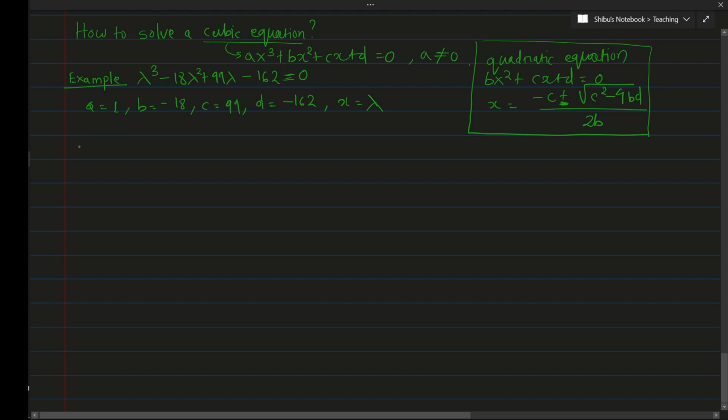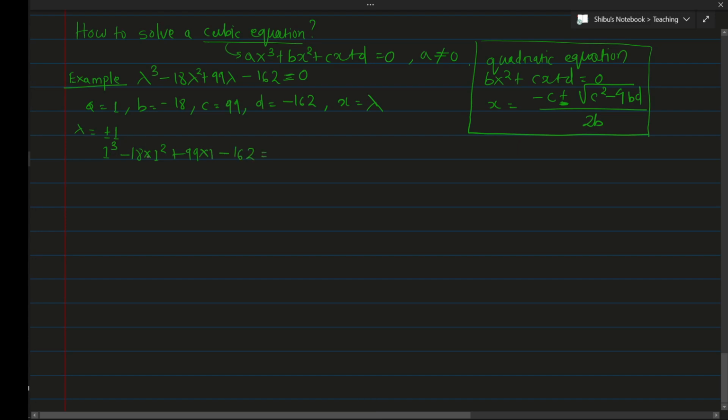So now what to do? First thing we have to do is check whether λ = ±1 is a root of this equation or not. So we'll try to put 1 in place of lambda and see whether it works, whether it gives 0 or not. 99 times 1 is 99, minus 162.